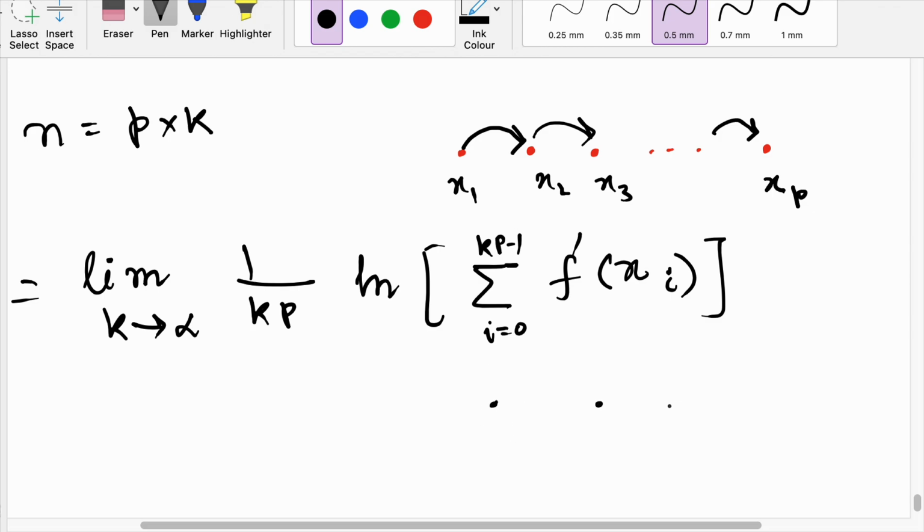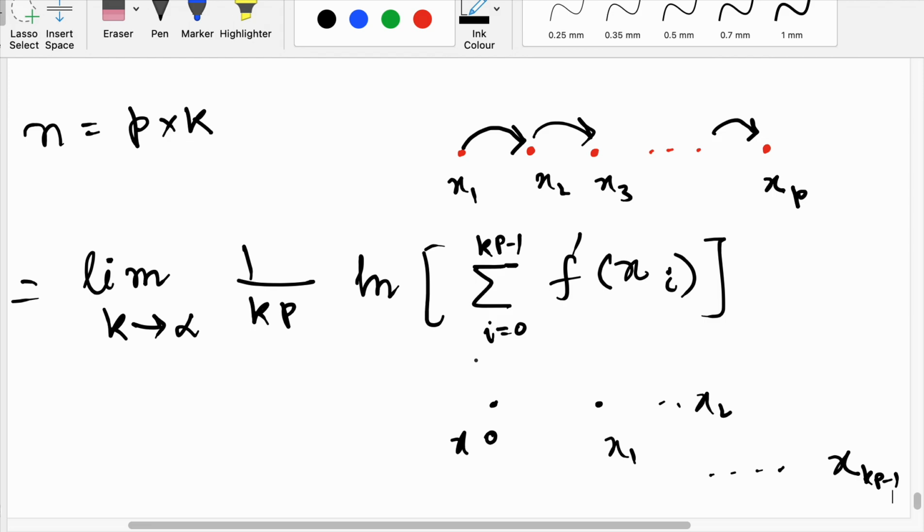Between the kp points, we know that the group of p points appears k times. So that's why it is kp points. Suppose this is the 0th point x0, this is x1, this is x2, and this is x kp minus 1, so all together there are kp points.